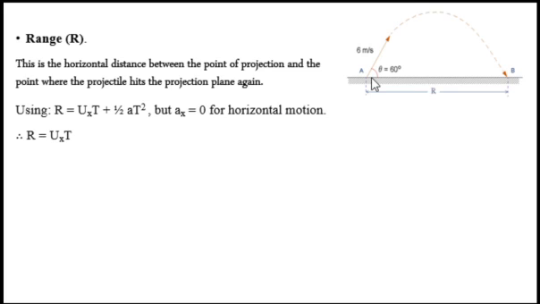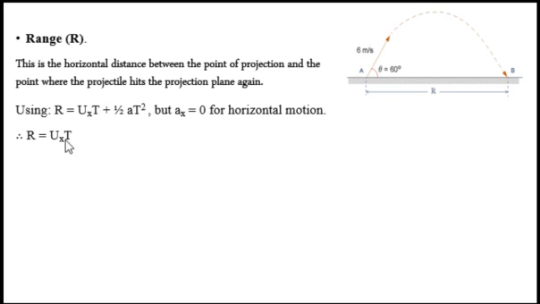So g has no influence on it and it's going to be taken to be 0. So by the time a equals 0 is substituted here, I will have R equals uxt plus 0. All of this becomes 0, and that's what I have there.